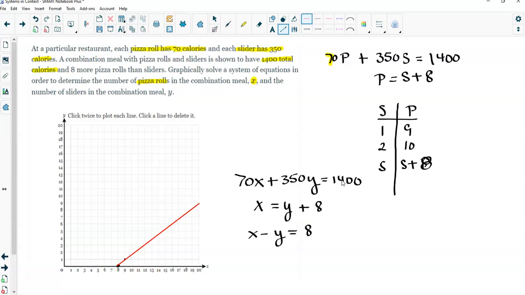Okay, for this one, I need to find my y-intercept, which is 1400 divided by 350, and the x-intercept would be 1400 divided by 70. Well, I know 1400 divided by 70 is 20. That's my x-intercept. So I have a point right here. Oops, let me go back.